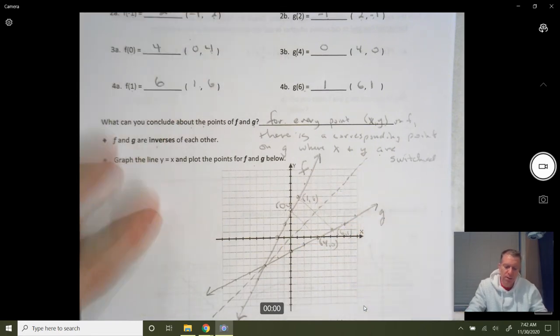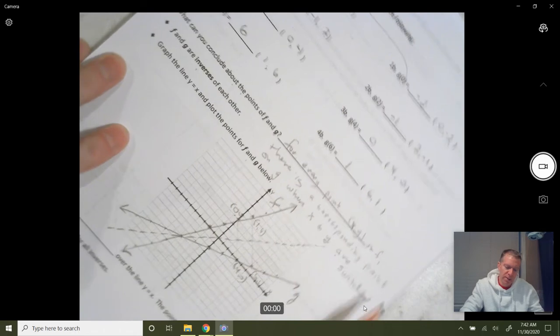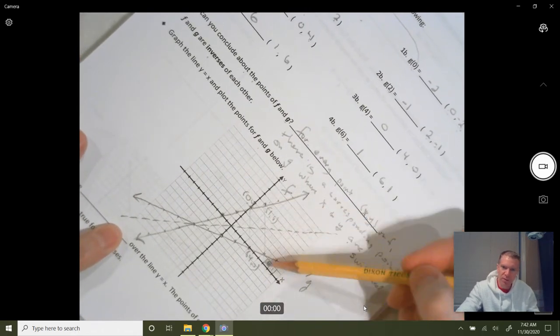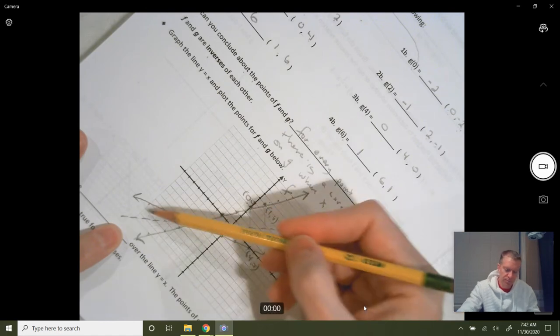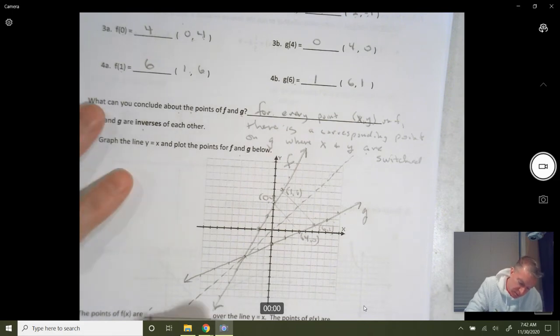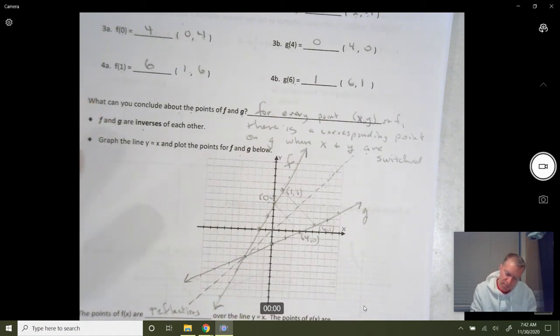Okay, almost like you made this thing horizontal. This would be a mirror reflection over that line. Okay, so the points of f of x are symmetric, or let's just say reflections, over the line y equals x.